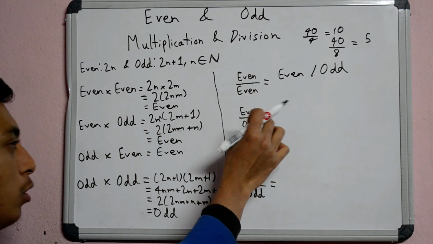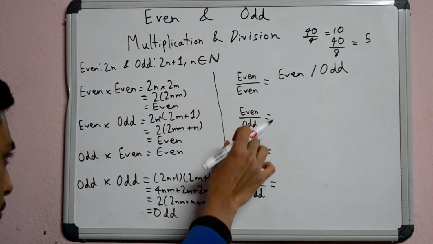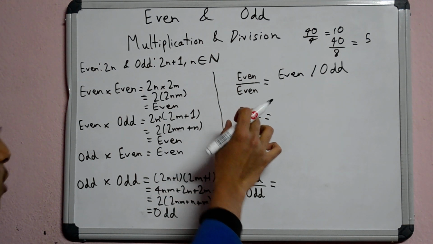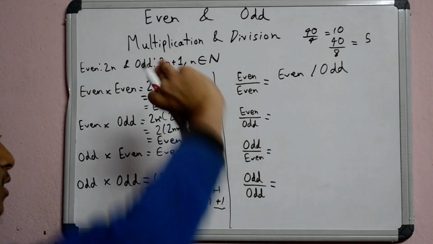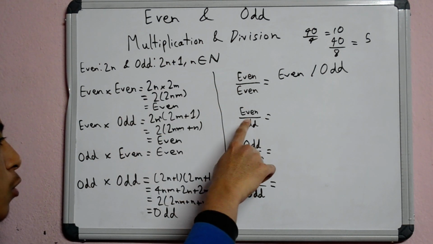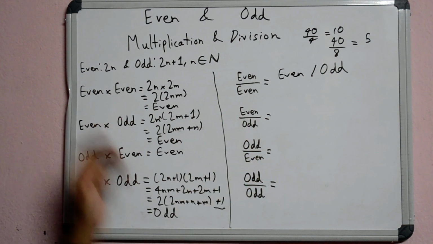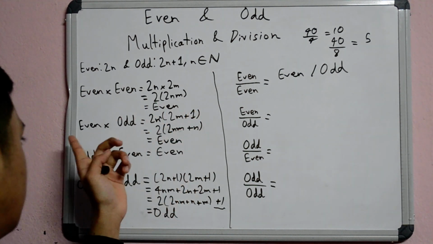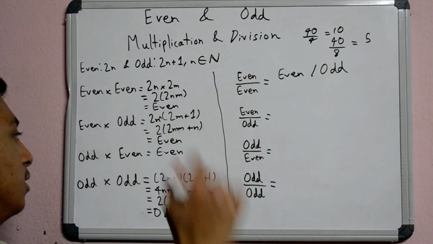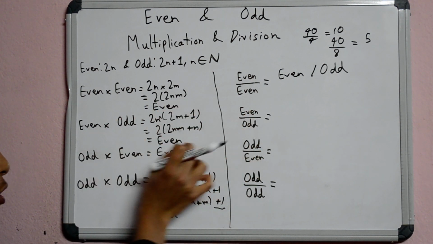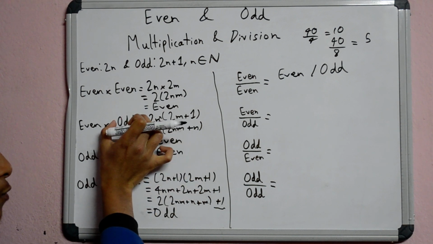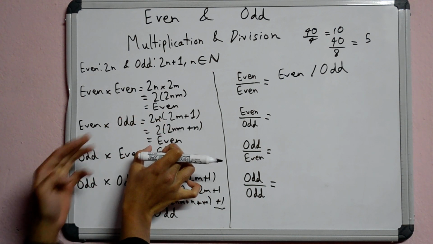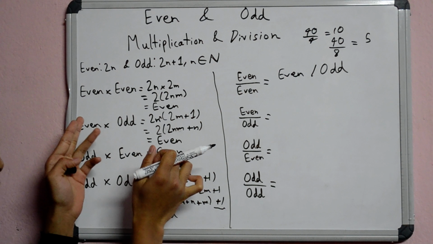Now what about even by odd? So here we also check for even in the result. So these three cases also, and we check for odd also. So it can't be the first case since all of these three are even. So that means we have only these two cases. So if we put even by odd, so we have even here. So if we put odd down here, we get even by odd is equal to even.